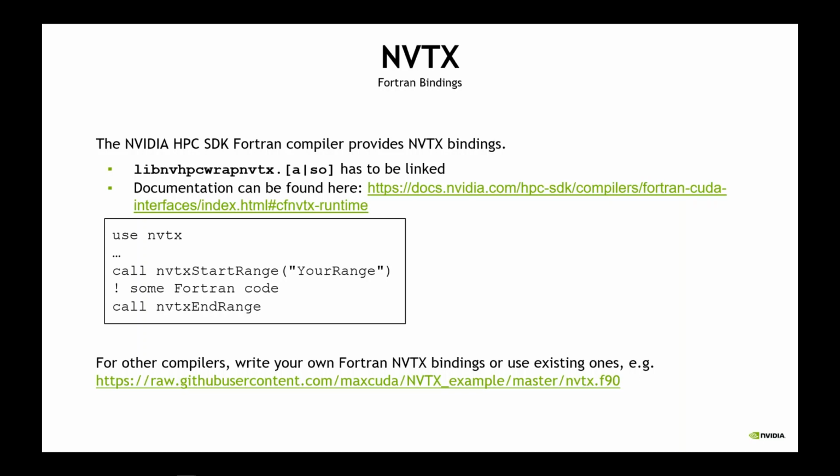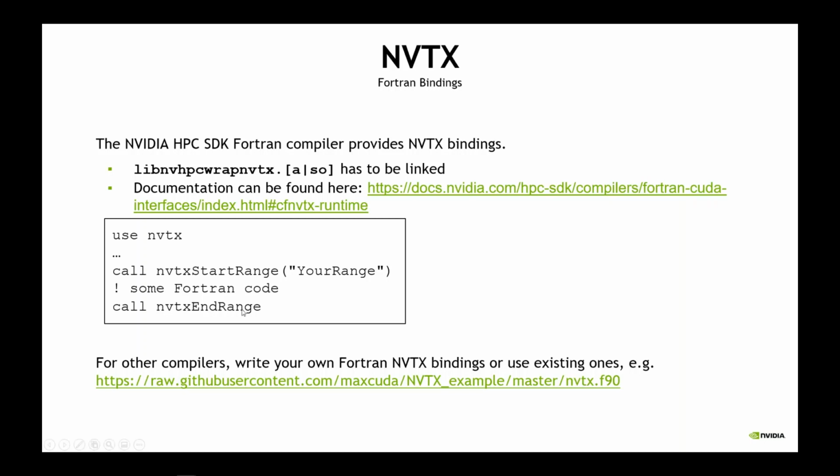This is how this library is called. And in your Fortran code, you can just use nvtx to use the nvtx module, and then call nvtxStartRange or nvtxEndRange. At least for this super simple case, we are just passing an ASCII string directly in the default domain.